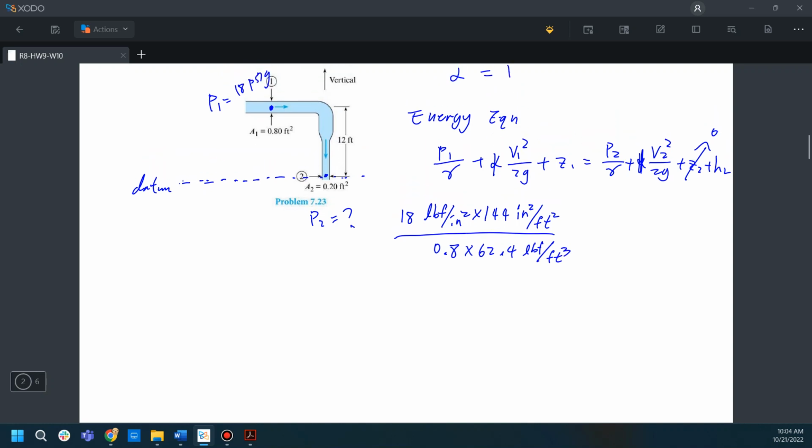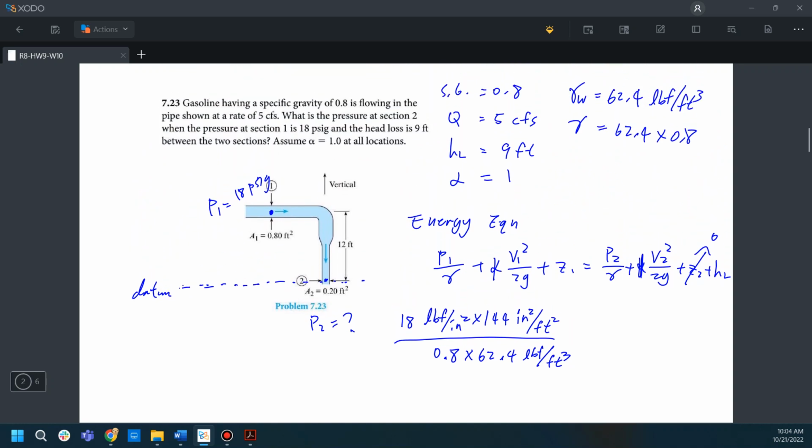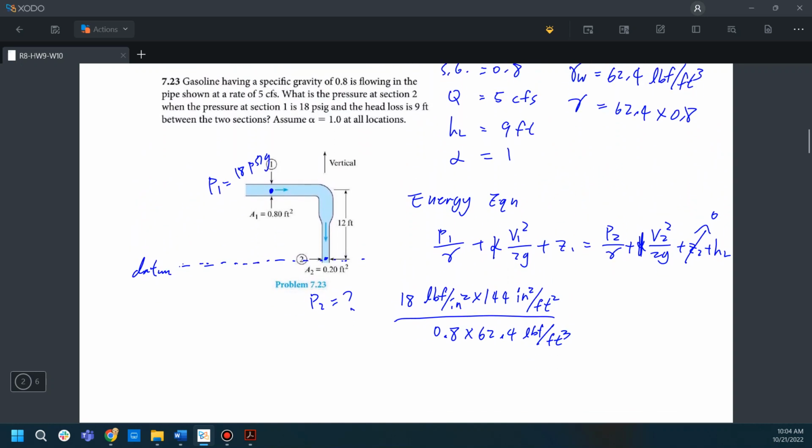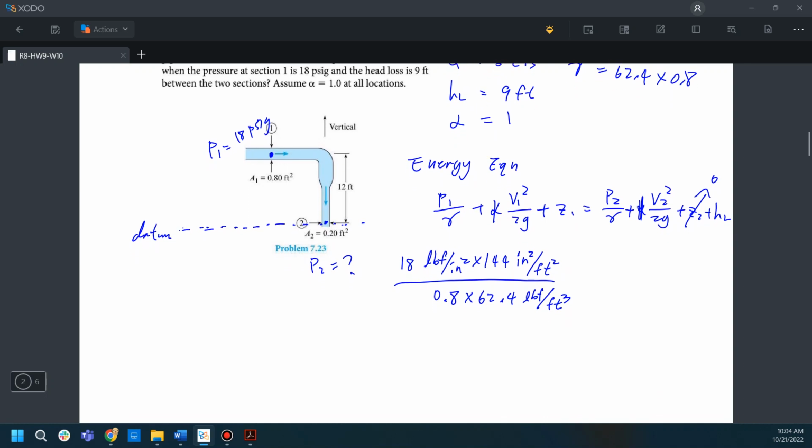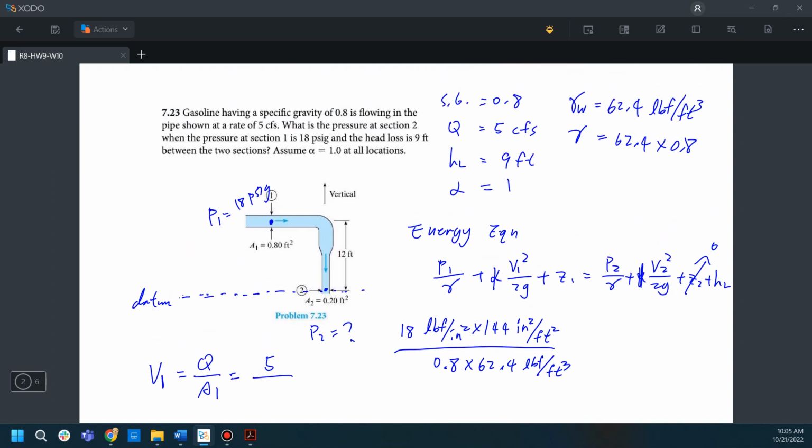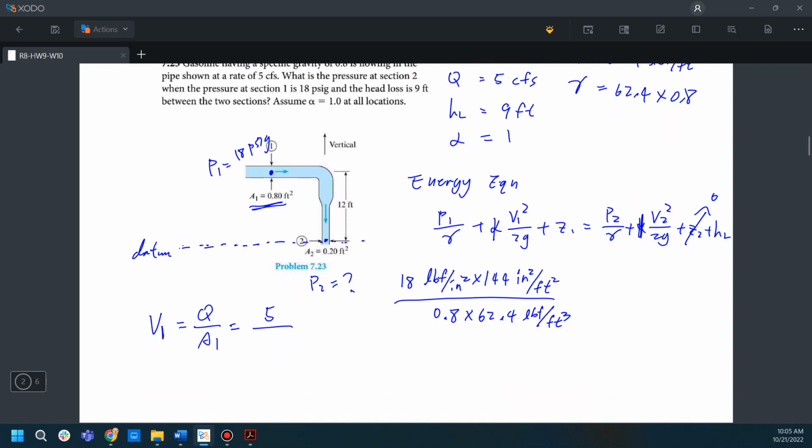And we plug in the velocity term. So the velocity at section 1 is equal to the discharge divided by the area. The discharge is 5 cfs, which is already given by the problem. Then we divide by the area, that is equal to 0.8.